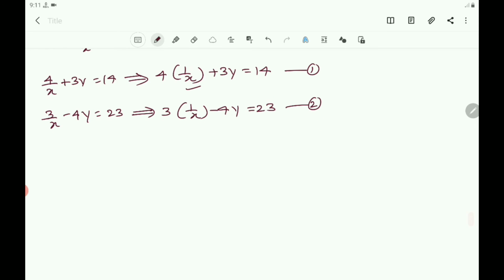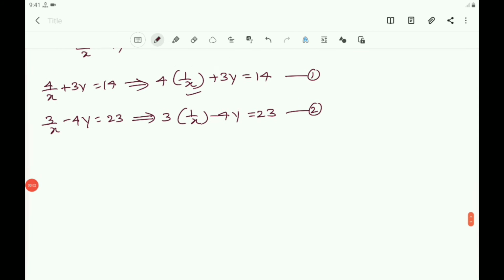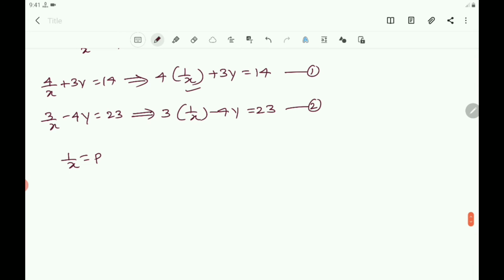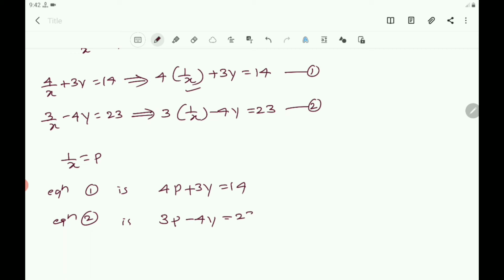Now let us take 1 by x as a different variable. In both equations, put 1 by x equals p. Then equation 1 becomes 4p plus 3y is equal to 14, and equation 2 is 3p minus 4y is equal to 23.